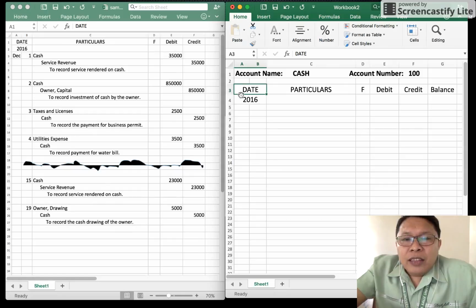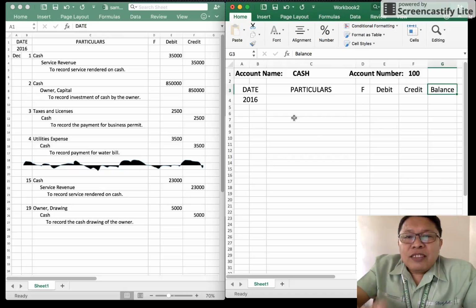We have here the heading for its entry, and we will notice that we have a 3-column worksheet used for this purpose. On the first is your date column, next is your particulars column, and then your folio of reference or your post reference. We have on the first column your debit, your second column is the credit, and your third column is your balance.